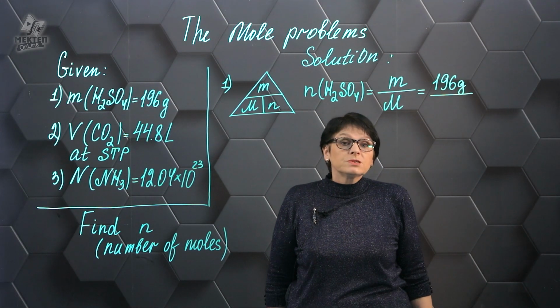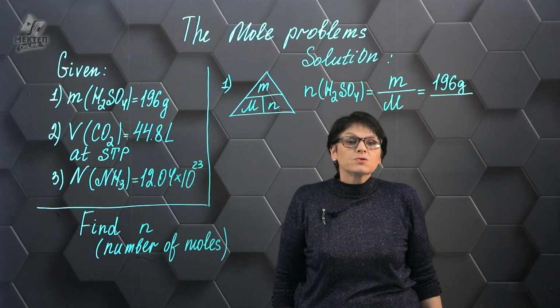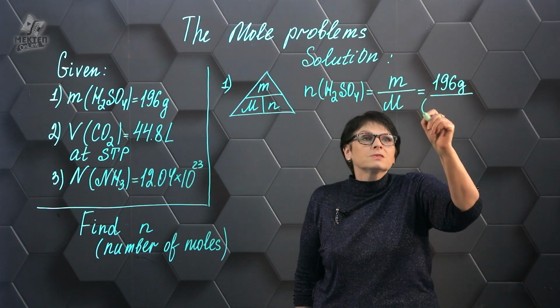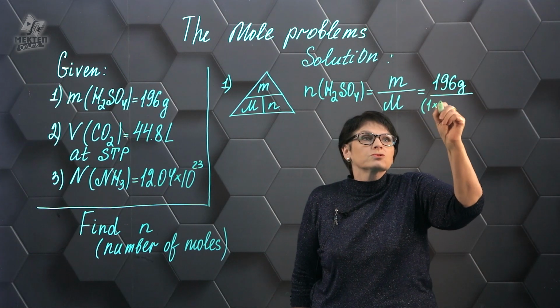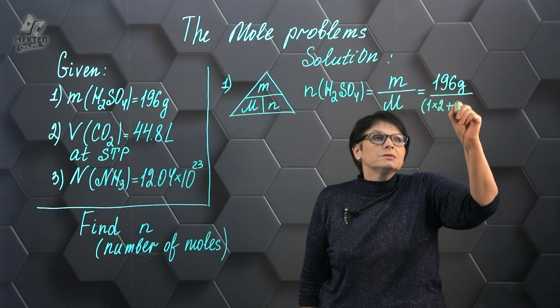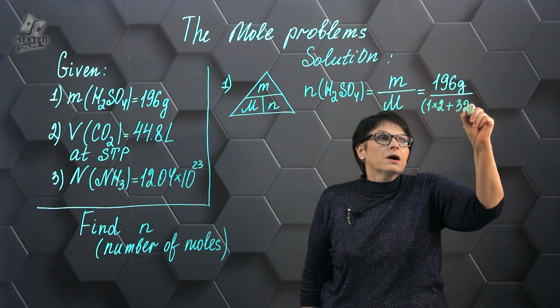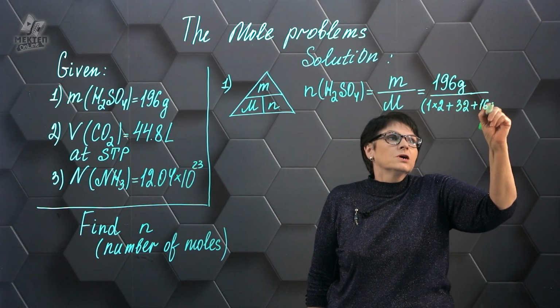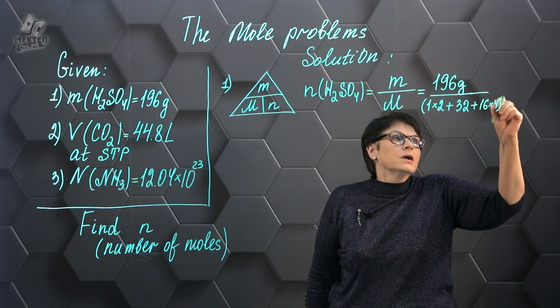But we can find the molar mass of sulfuric acid using the periodic table. To do this, for hydrogen, we multiply 1 by 2, for sulfur 32, and for oxygen, respectively, 16 times 4. All this will be in grams per mole.